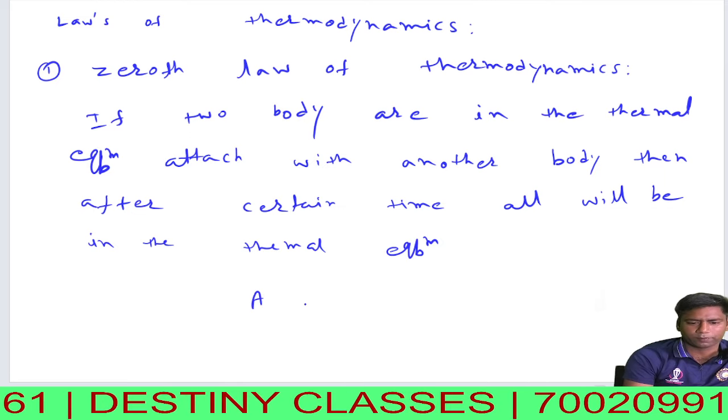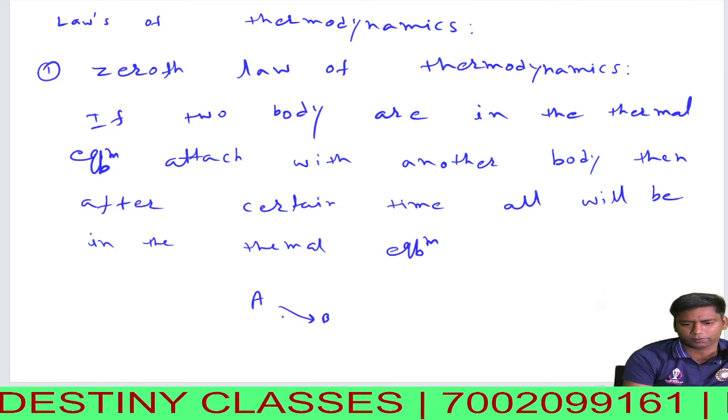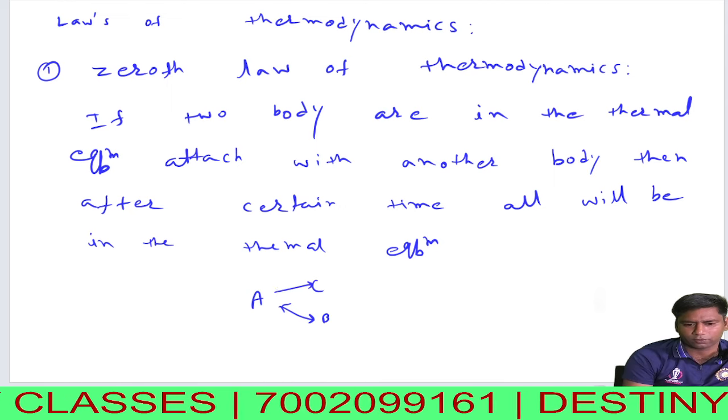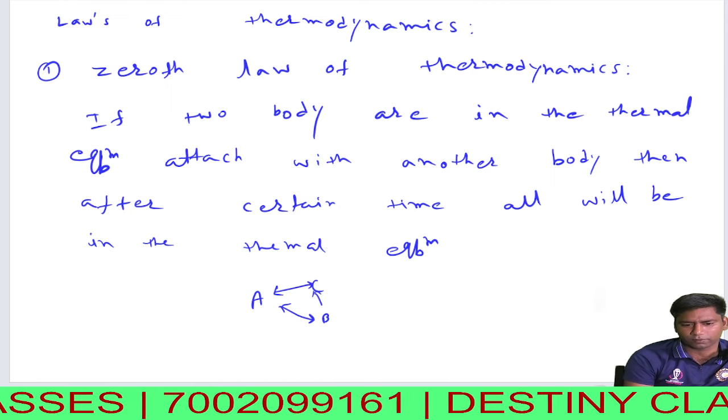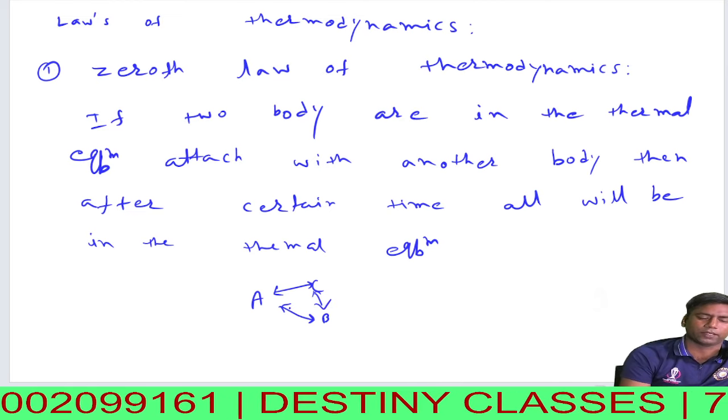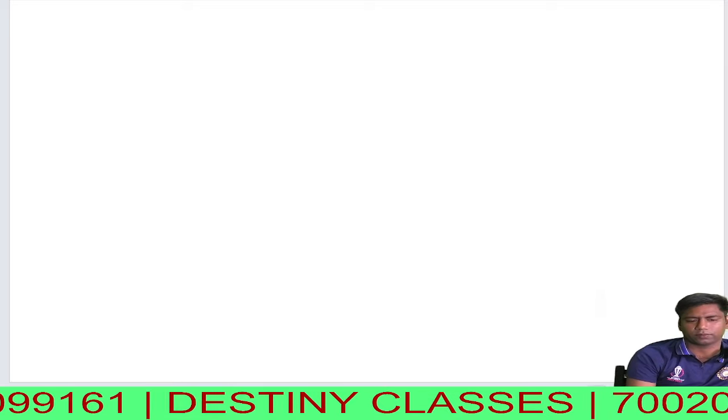So suppose we have a body A in thermal equilibrium with body B, attached with body C, so all will be in thermal equilibrium after a certain time. Because the temperature will get transferred from one body to another body.